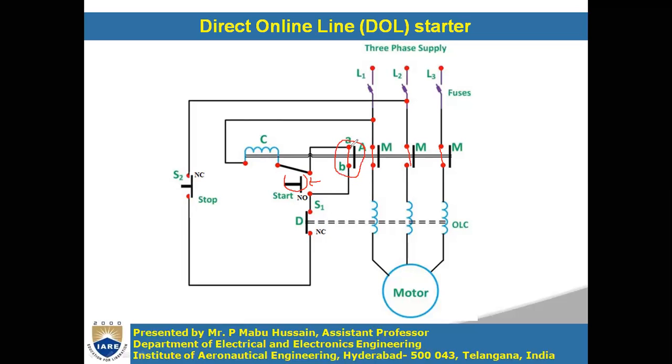As I said, the contactor will have four poles. Three poles will be used for the motor, and another pole will be used for the coil here. Whenever this pole is closed, the supply to this circuit will be obtained through this pole. So this coil will be continuously energized, and the motor will also keep running continuously.